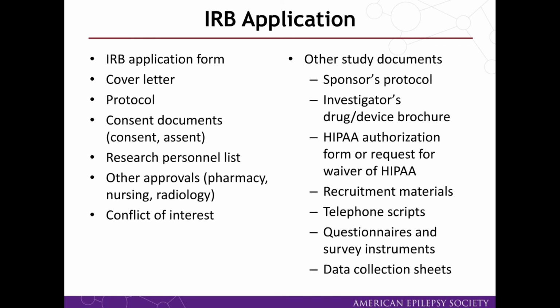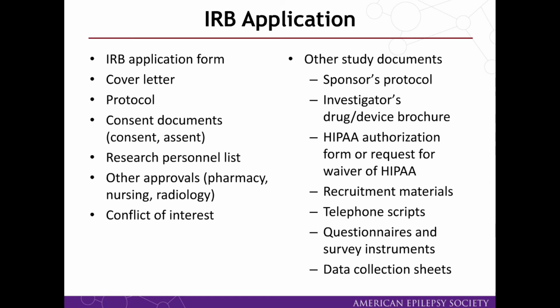And then with the IRB application, you also have to submit other documentation, including examples of your informed consent, a list of all of your research personnel. You may need other approvals from people in your institution, like pharmacy or nursing or radiology, and then conflict of interest disclosures for all of your study team members.